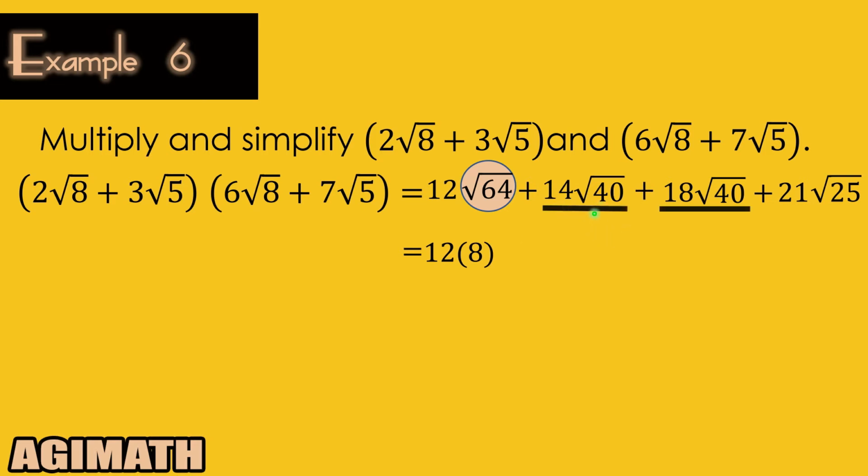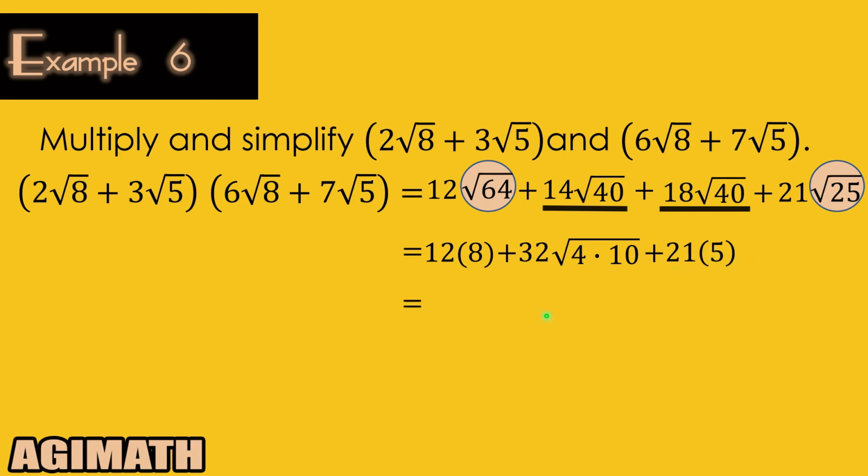The next, you look at these two terms. 14 square root of 40 plus 18 square root of 40. They are similar radicals, right? So meaning we can combine the coefficients 14 and 18. If we add that is equal to 32, and then 40 is equal to 4 times 10. That's why we can have 32 times the square root of 4 times 10. 4 is the perfect square, plus the square root of 25 is 5. So you have 21 times square root of 5.